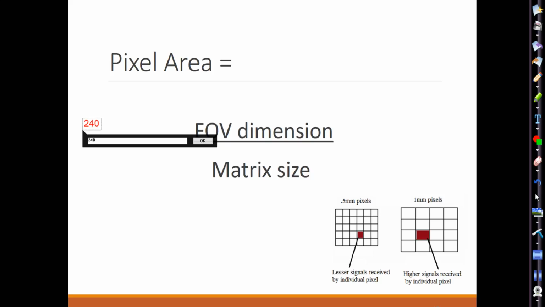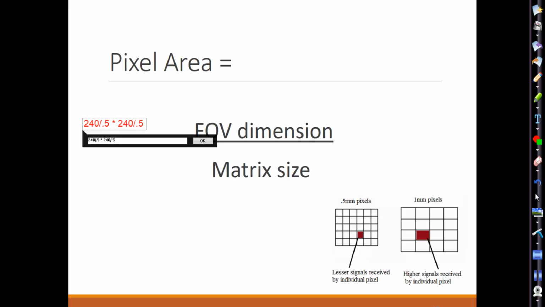For this first example on the left, you have pixel dimension of 0.5. So 240 divided by 0.5. That's going to give you your pixel area.